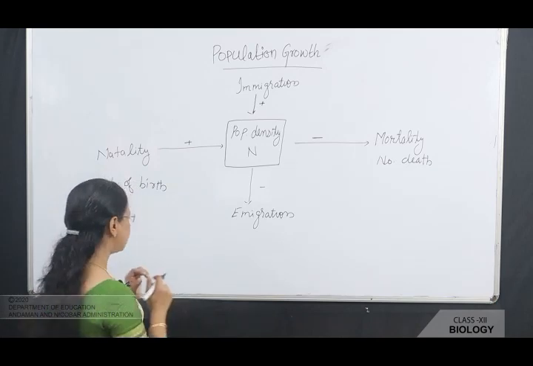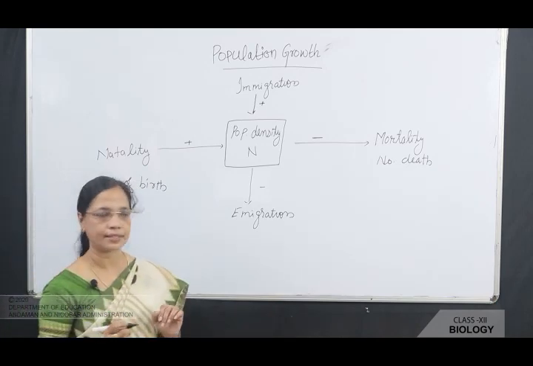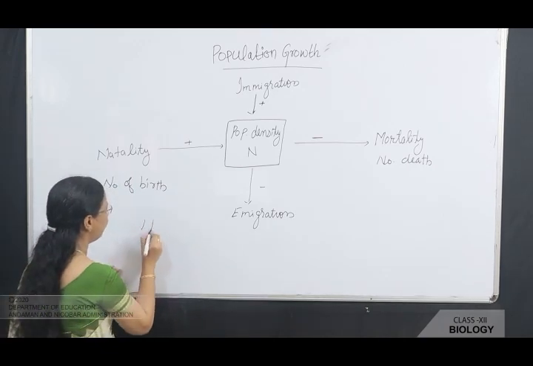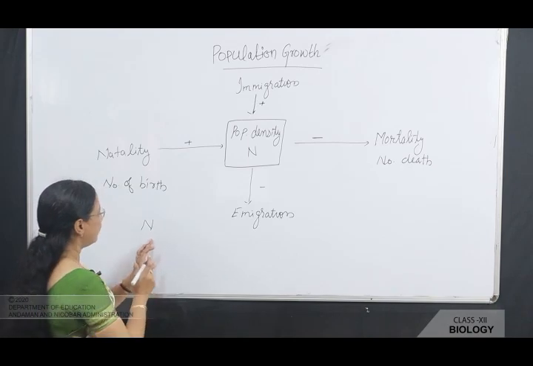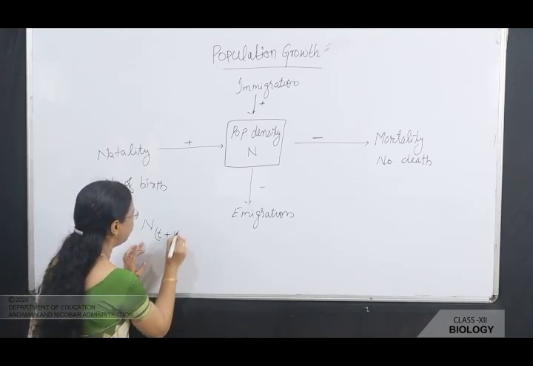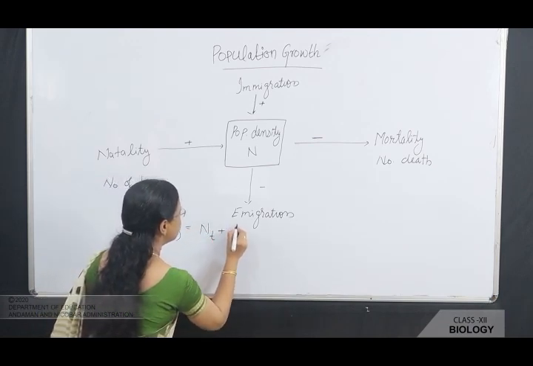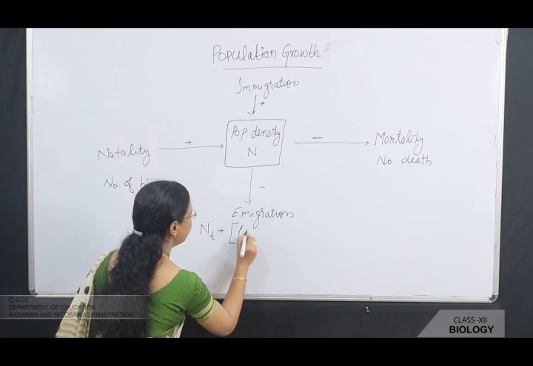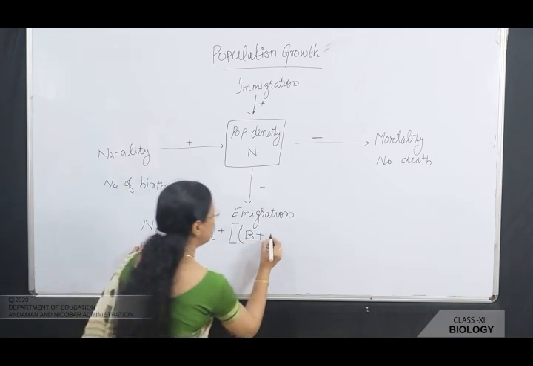Okay, suppose the population density is represented as N. Population density at time t is Nt, and then the population density at time t plus 1 equals Nt plus B plus I minus D plus E. What is B? B is the birth rate.